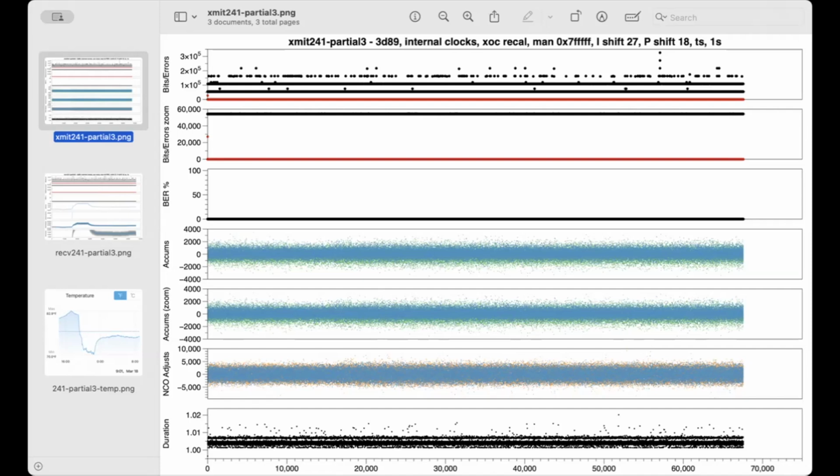You can see that the time is 1.0 seconds per block, plus or minus, or mostly plus, about 1%, which is good. We now have accurate control over time. So that's all boring. We've had all these results before. This is just a baseline to see that we can still transmit reliably.